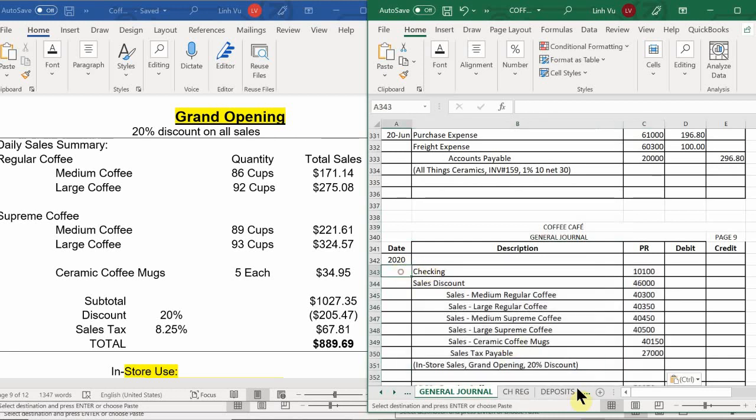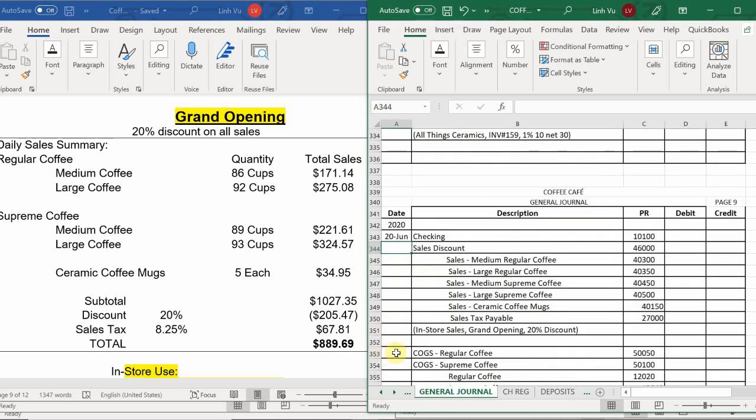We have sales supreme medium coffee. Good. And sales supreme large coffee. Good. And sales ceramic coffee mugs. Good. Okay, we have all of those.